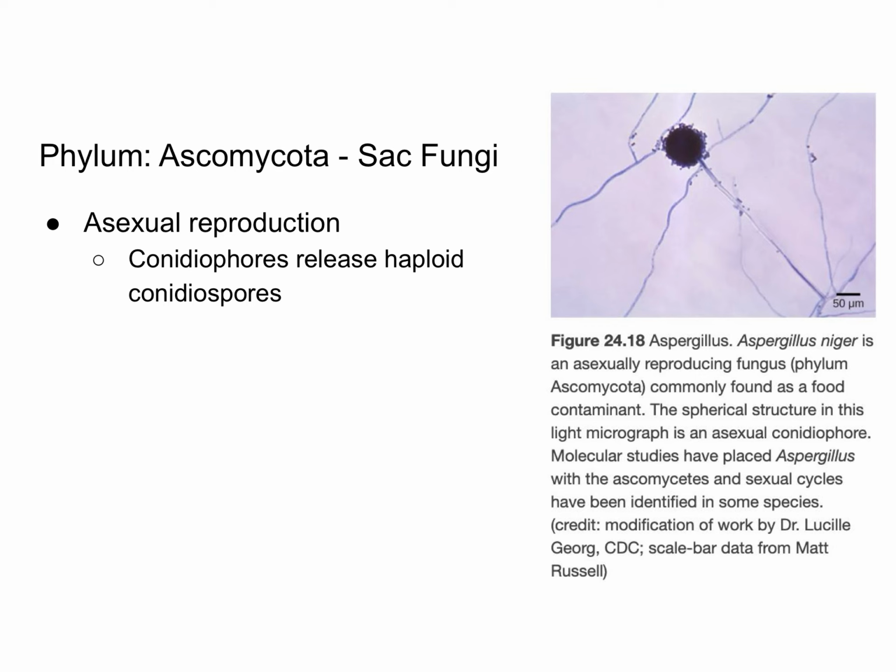You can see on this microscopic picture that this whole structure would be the conidiophore. And the conidiospores would be located inside, and then they would ultimately be released out into the environment, where they can then germinate if they find a suitable habitat.